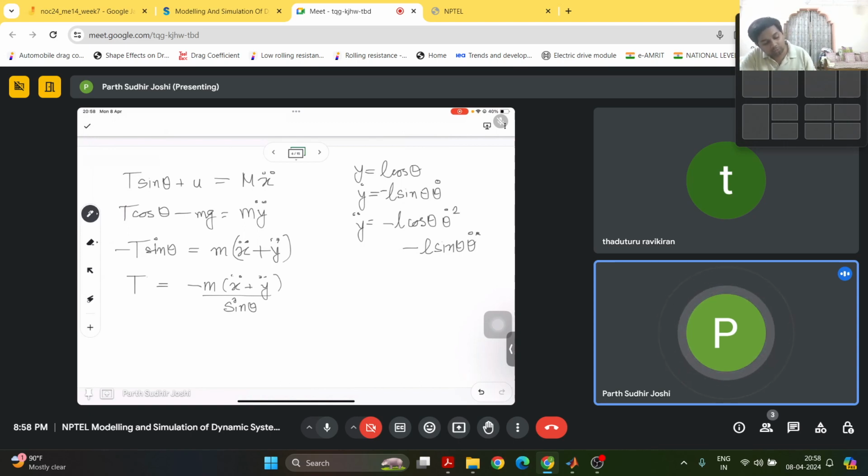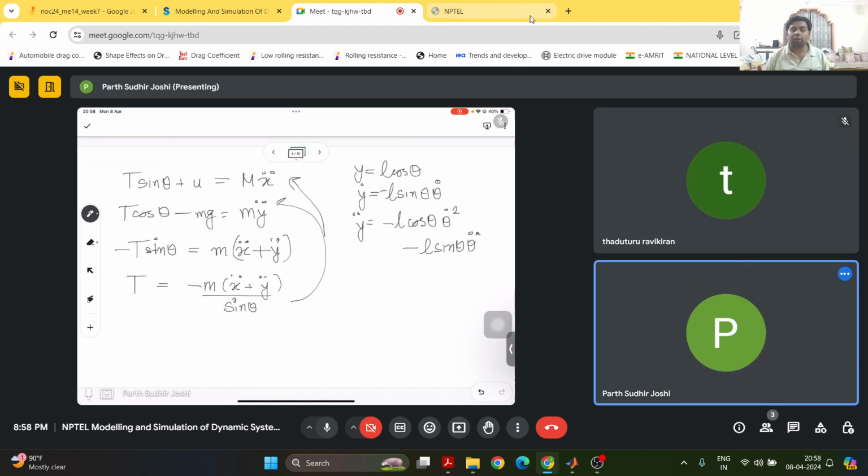And then we can plug this into these equations and simplify it further to get basically two equations of motion. So the degrees of freedom here will be basically x and theta. So there are 2 degrees of freedom, so we should get 2 equations of motion. By eliminating T, we are reducing these 3 equations of motion into actually 2 because they are not independent. So that's about this thing.